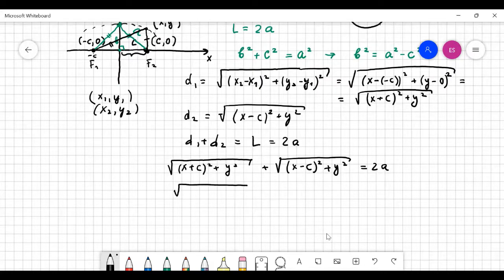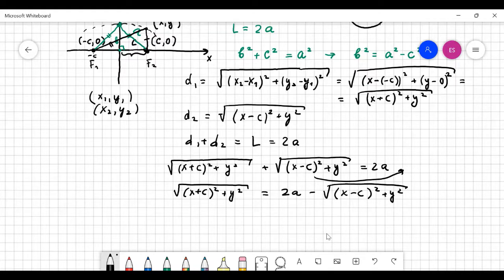I'm going to keep the first square root over here, the square root of x plus c squared plus y squared. And the second square root, I'm going to move to the right side, minus the square root of x minus c squared plus y squared. Now I'm going to square both sides of this equation. Over here, the square is going to eliminate the square root. So I'm going to have x plus c squared plus y squared.